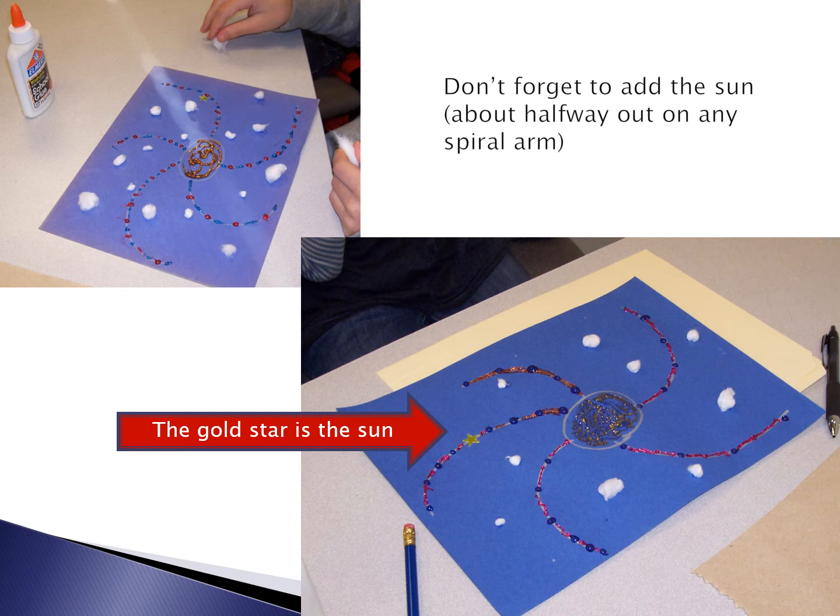And so here are some models that students have already made. You can see that they have used the glitter glue to color in the central bulge. And if you look carefully, the glitter glue that they've used is a yellow color, or if you don't have yellow, you can use orange. Remember that actual photograph I showed you of that face on spiral.